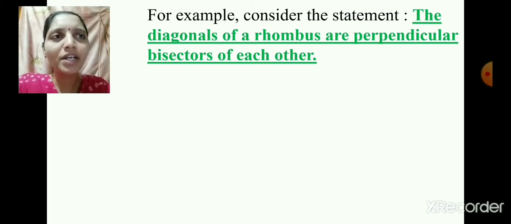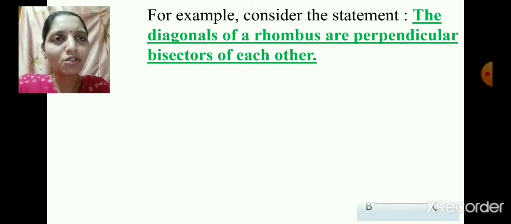Consider the statement, the diagonals of a rhombus are perpendicular bisectors of each other. Now here the statement is given to you and you have to write it in the conditional form. So what is the conditional form? You have to use if and then. So how will you write? See the first part, the diagonals of a rhombus are perpendicular bisectors of each other. So what is given to you?